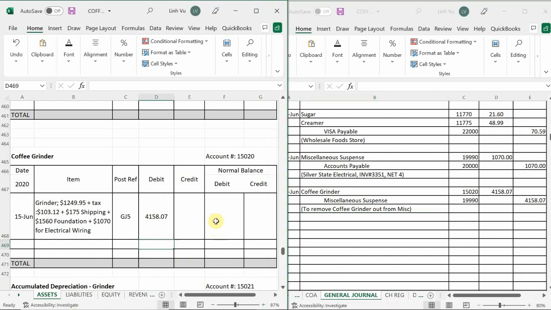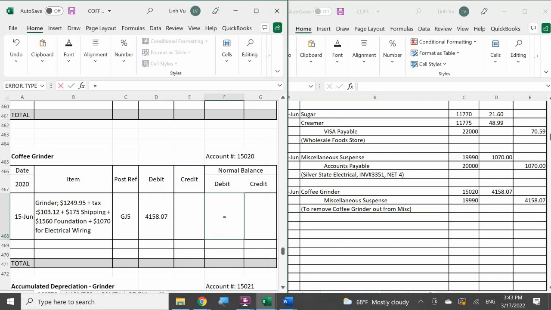Okay, so in this case, there you go. Now that I finished my journal and I posted to my ledger, what is next?